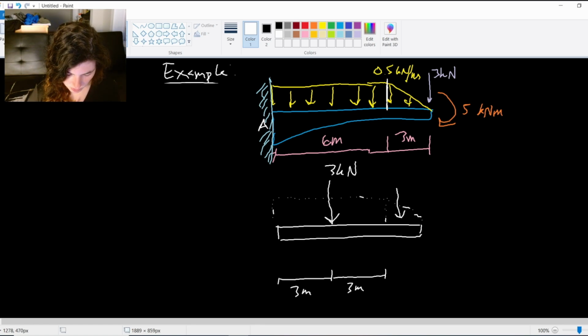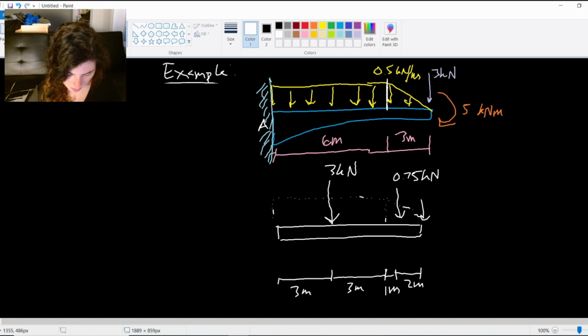So I will get a resultant here that is 0.75 kilonewtons, and that acts 1/3 of the way into the triangle, so 1/3 of 3 is going to be 1 meter, and then to the end is 2 meters.